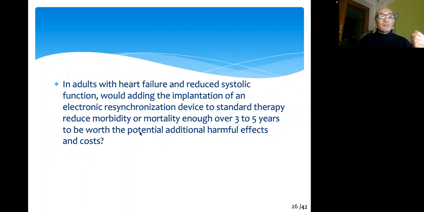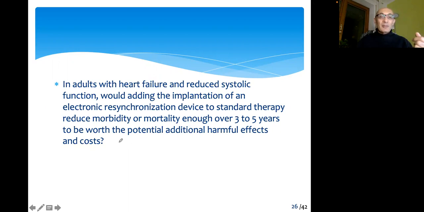Next one. In adults with heart failure and reduced systolic function, would adding the implantation of an electronic resynchronization device to standard therapy reduce morbidity or mortality enough over 3 to 5 years to be worth the potential additional harmful effects and costs? Okay, this is more complicated because it has more components, more than one outcome, for example.